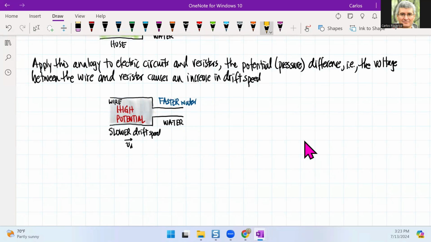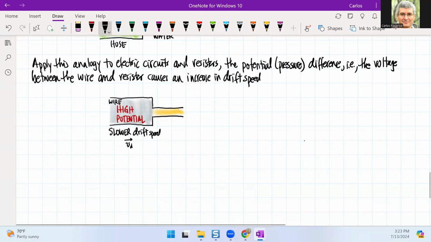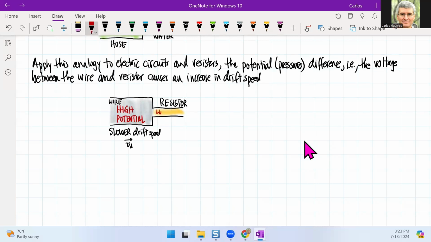Now, when I look at the resistor portion of it, this right here is now our resistor. And because it's the resistor here, this now represents a low potential.